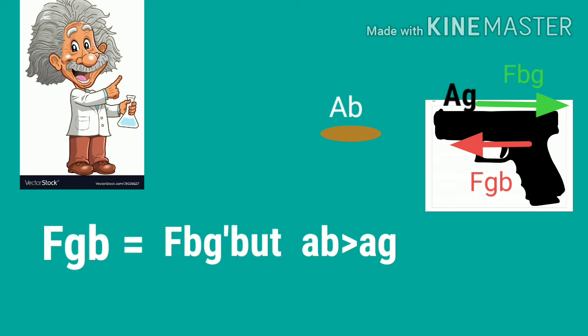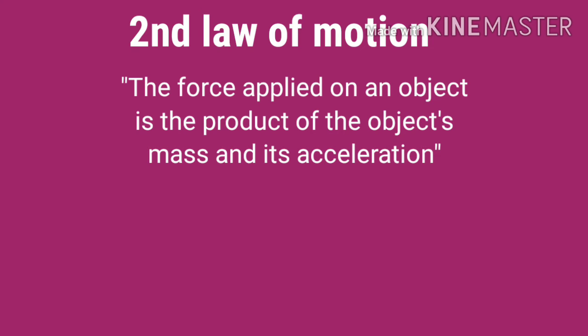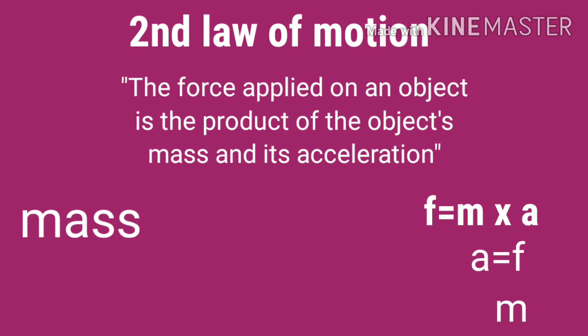Okay, so if your concept of the second law of motion was clear, you would not be surprised by this. The second law of motion says that the force is the product of the object's mass and acceleration, or the acceleration of the object is equal to the force over its mass.